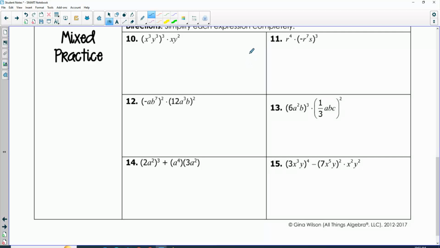So we have to solve piece by piece here. The first thing I'm going to do is this third power out here. So we have to distribute that. So this parenthesis would become x to the 9 and y to the 9. That is still multiplied with xy squared.